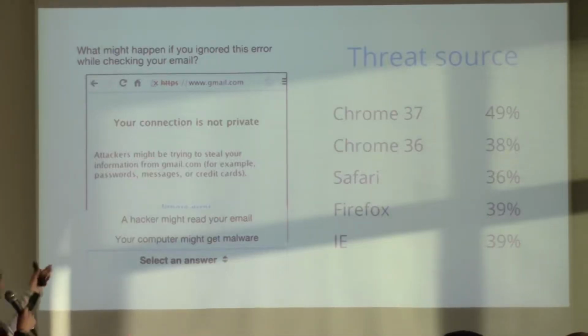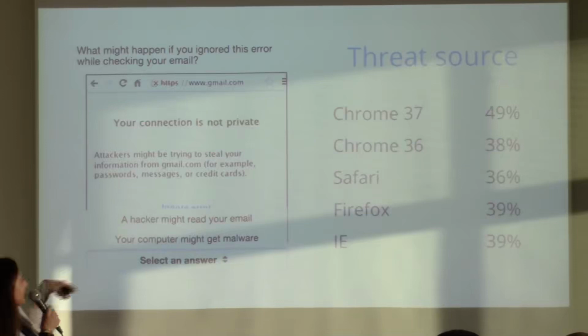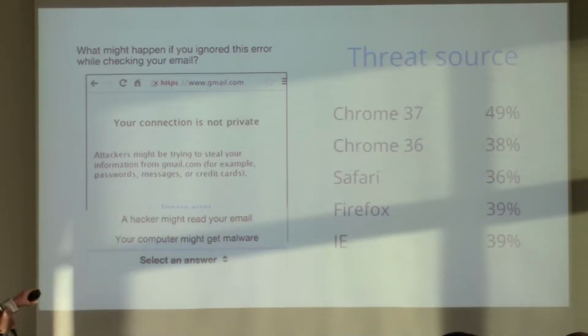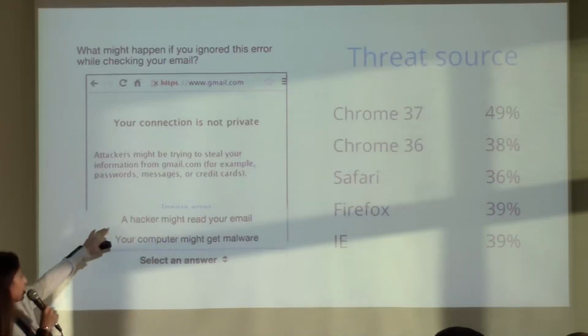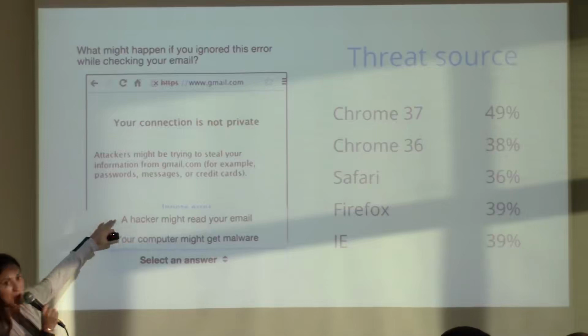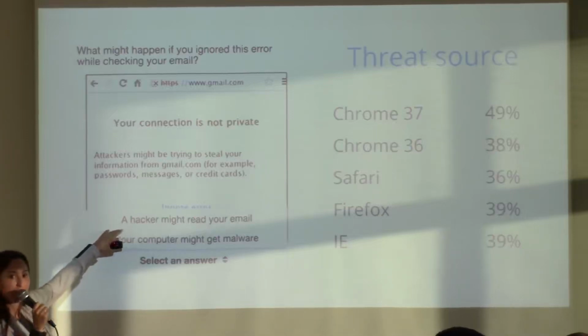And we gave them a choice between a hacker might read your email and your computer might get malware. Aren't those both accurate? Aren't those both true? Yes, they are, and you may get malware at any time, who knows? But we were trying to get people to choose a hacker might read your email. That was what we were hoping people would come away with after reading our warning.